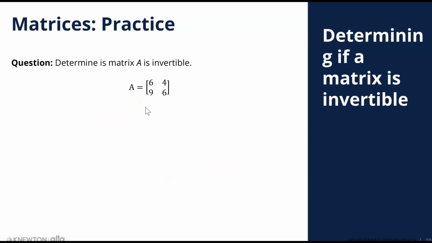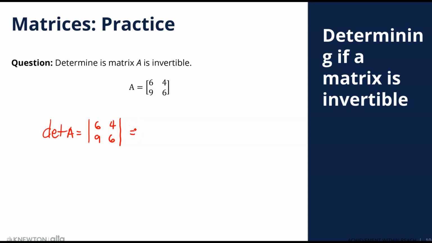Another example, determine if the matrix A is invertible. To do that, all you need to do is compute for the determinant of the matrix A. And then if the answer is equal to 0, that means that the matrix is not invertible, or the inverse does not exist.